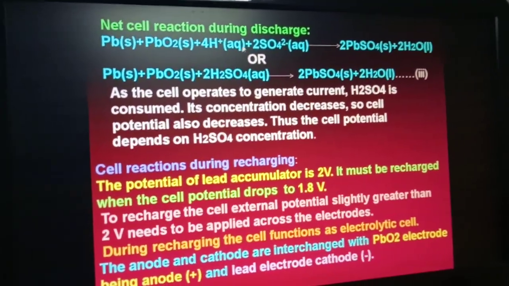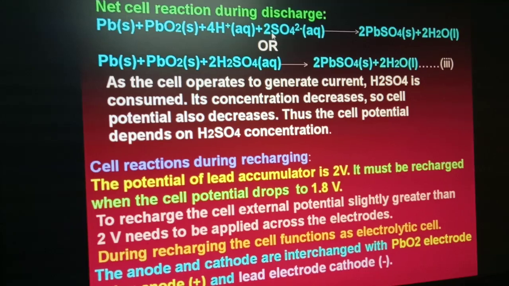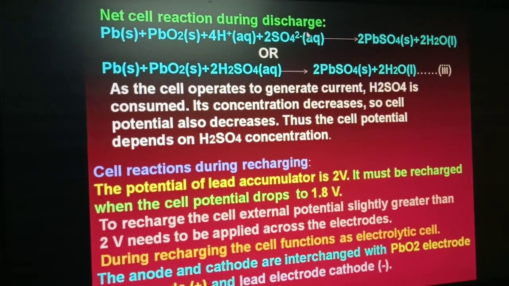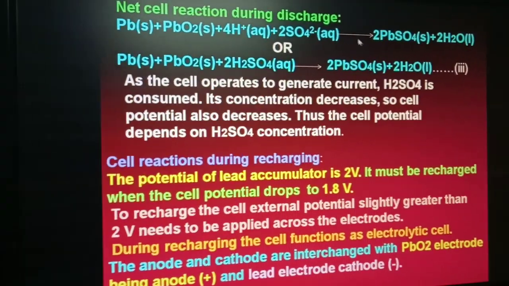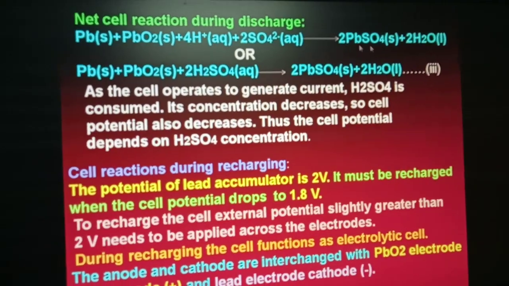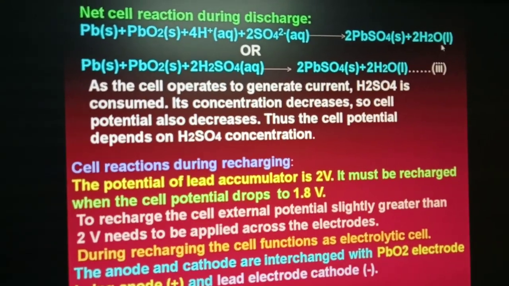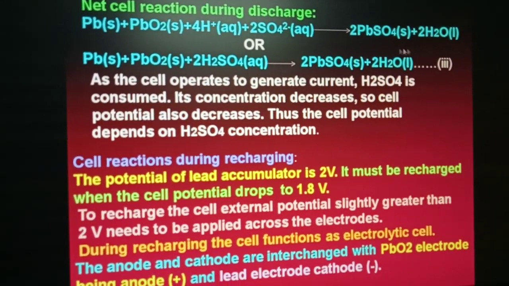So the reaction can be represented as Pb solid plus PbO2 solid plus 4H+ aqueous plus 2 SO4 2- aqueous gives 2 PbSO4 solid plus 2 H2O liquid.